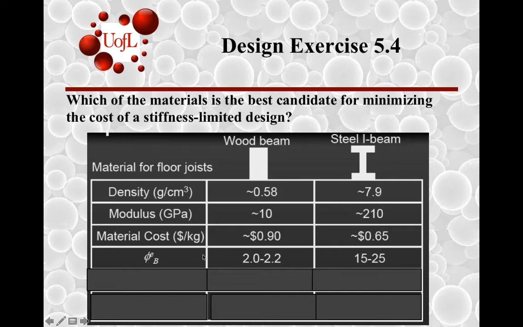So how do you make decisions on minimizing cost for a stiffness limited design? So if you didn't have to take into account the shape changes, your material index is a square root of E divided by Cm times rho.